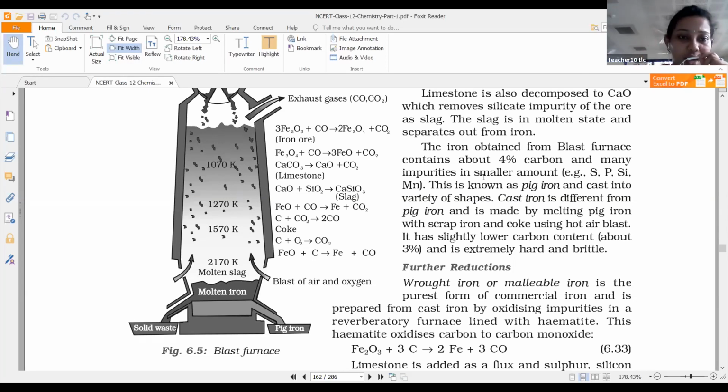Students, how to convert that pig iron into the purest form? You take that pig iron and heat it. In industry, that pig iron will be transferred to another chamber, and there they will heat it. Pig iron has 4% carbon content.